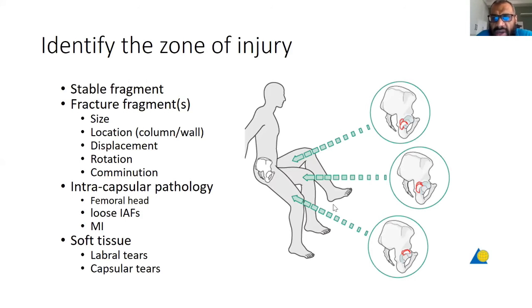So depending on the mechanism of injury, the position of the lower limb during the injury, and the direction of the trauma vector, you will have a variety of fractures. So, for example, a posterior fracture is not one entity, even if it is a single fragment.